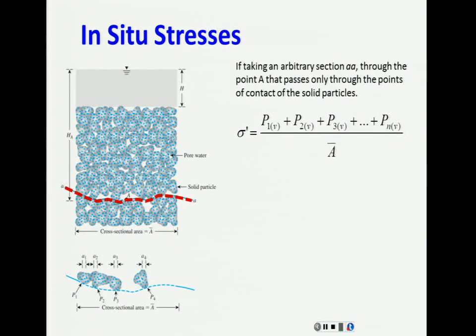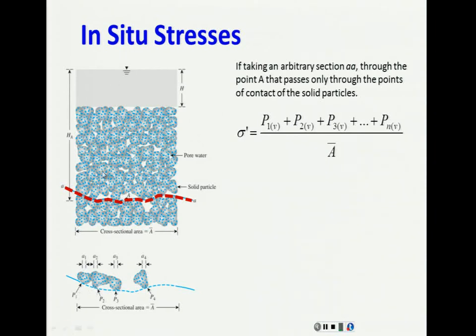You have grains of soil and grains of soil. At that point of contact between those grains of soil, I'm going to have water here and water here also. But the solids itself, the contact between the two parts of the solid, which is what we are showing here in this part, that contact is going to provide between this grain and the other grain that you have at the bottom, they are going to produce normal forces, normal to the surface of contact.